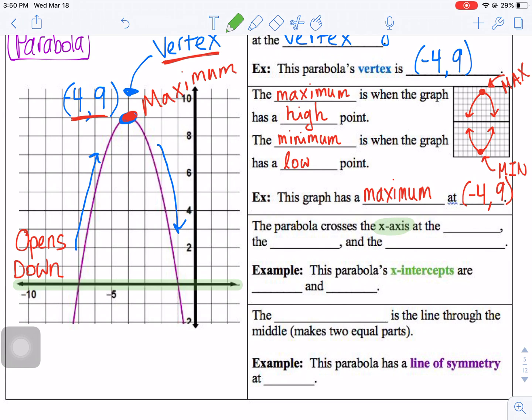So back to our notes, the parabola crosses the x-axis at the roots, also called the zeros, and most often called the x-intercepts.